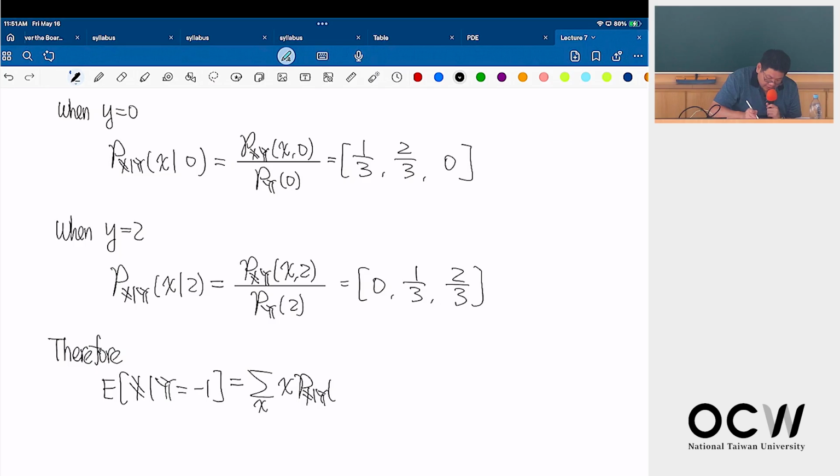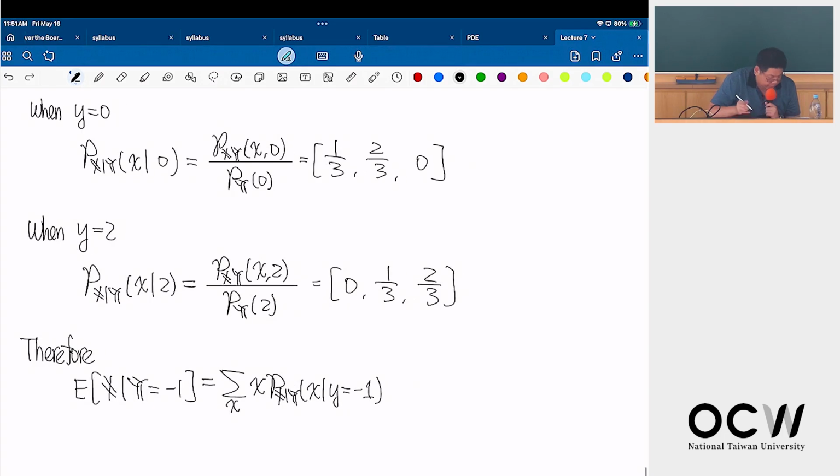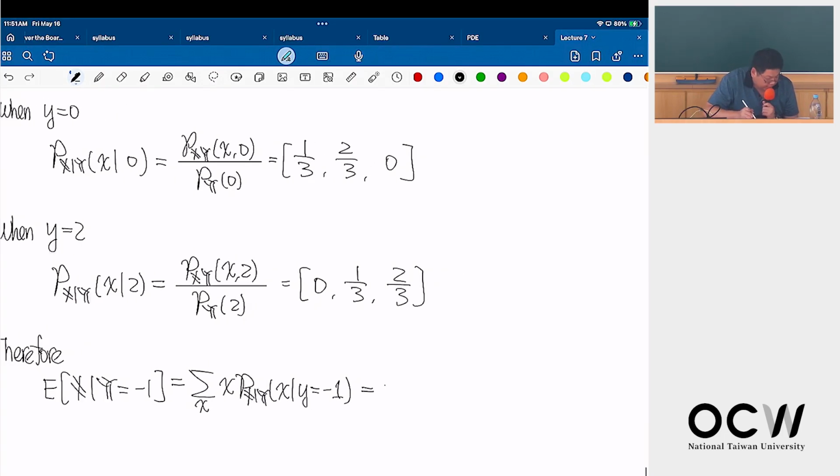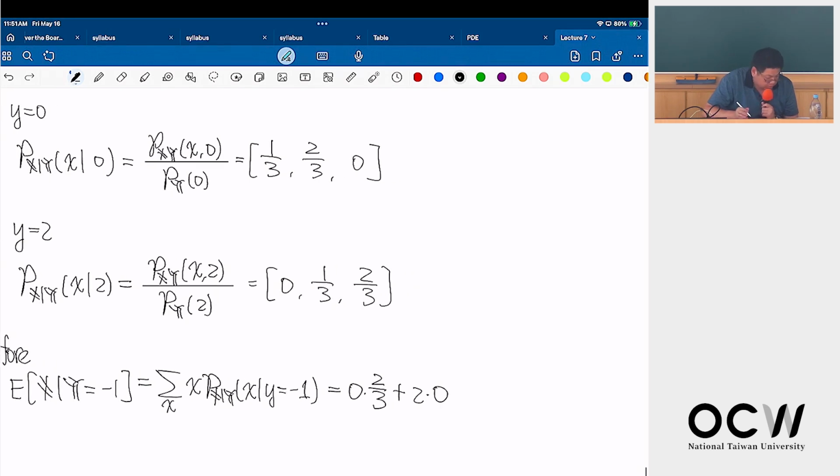Here the weighting is the conditional PMF of X given Y equals -1. So you have 0 times 2/3, and then 2 times 0, and 3 times 1/3.